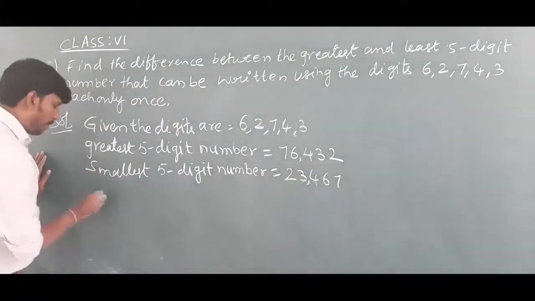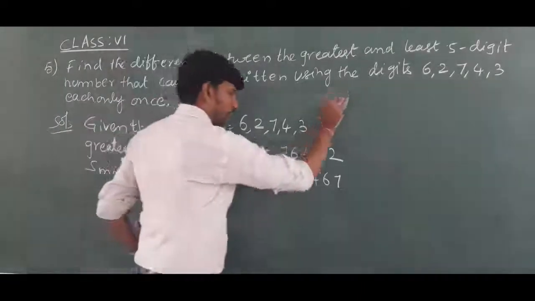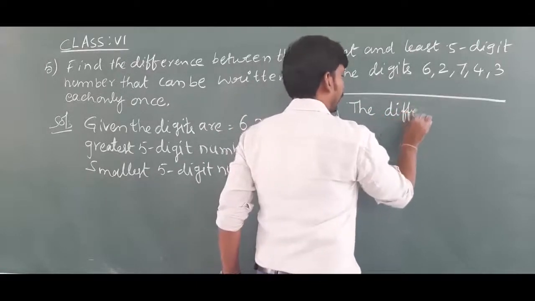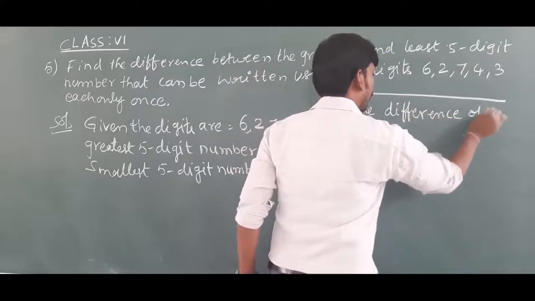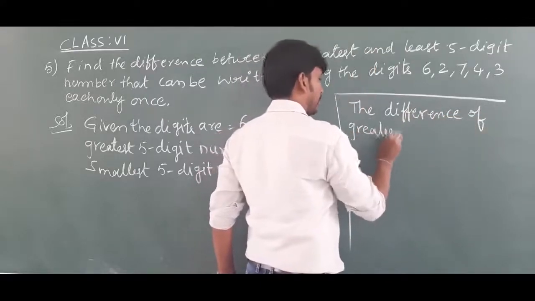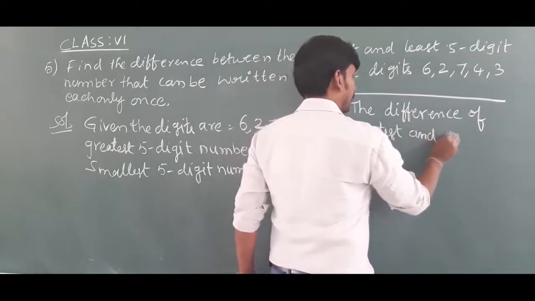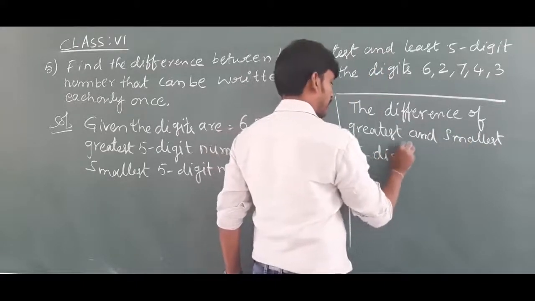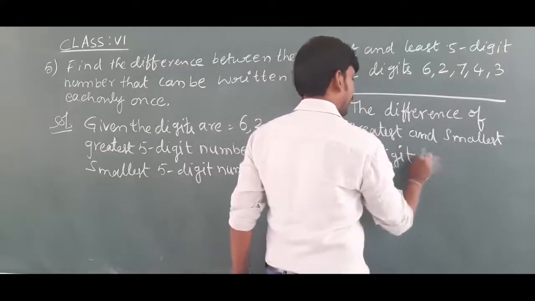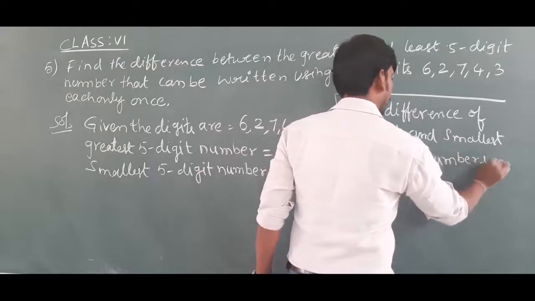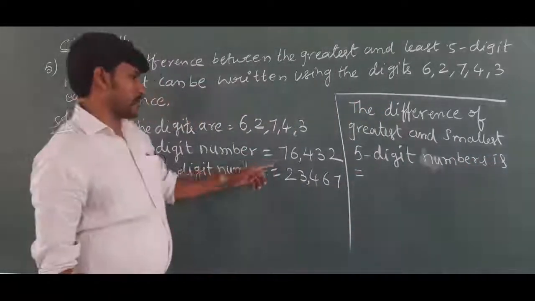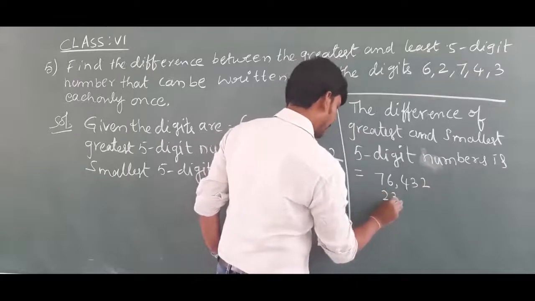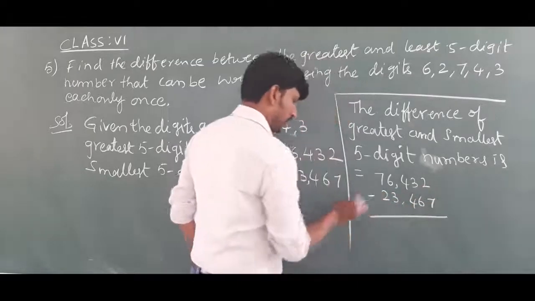Now, therefore, the difference of the greatest and smallest 5-digit number, which implies you just subtract these two, that is 76,432 minus 23,467. Just subtract these two.